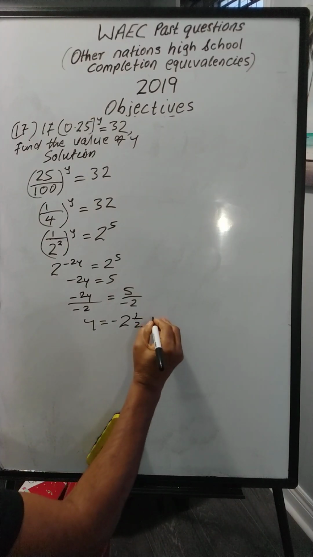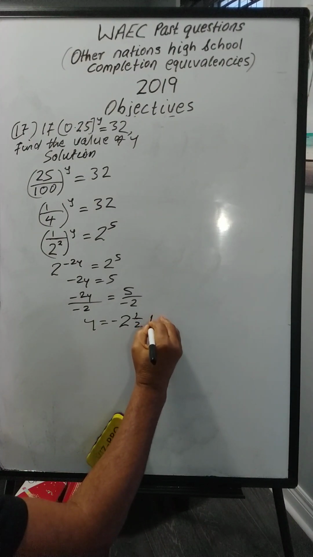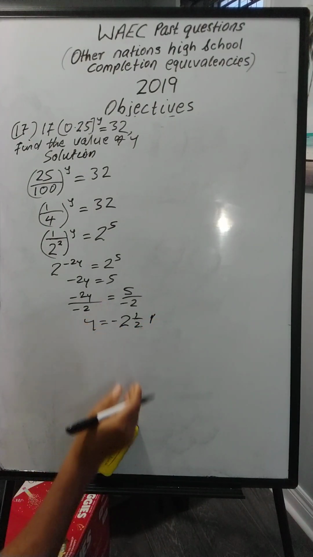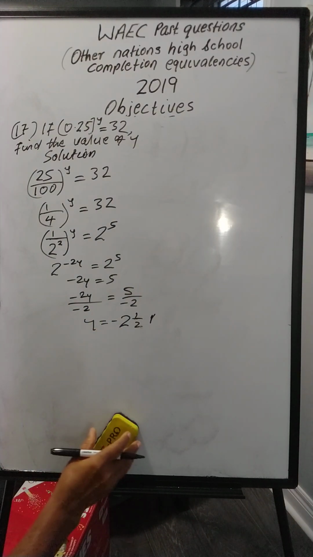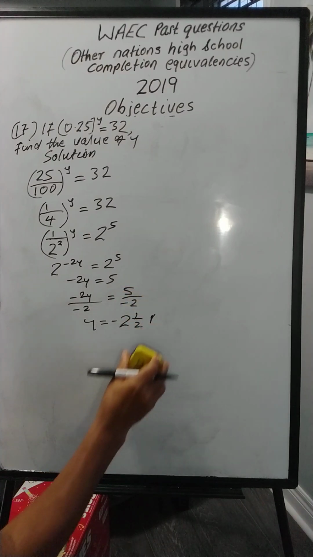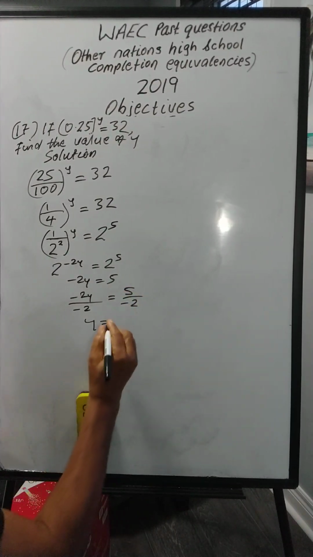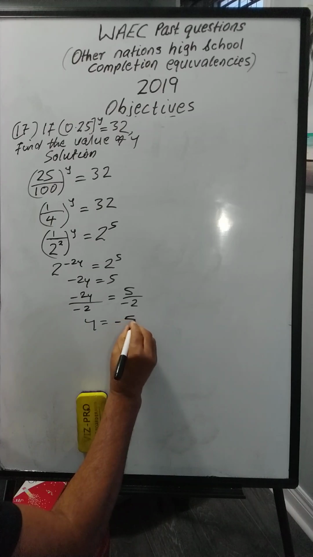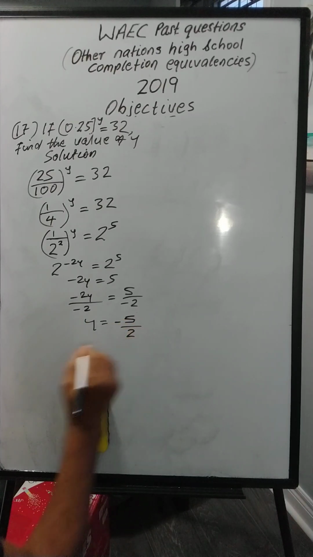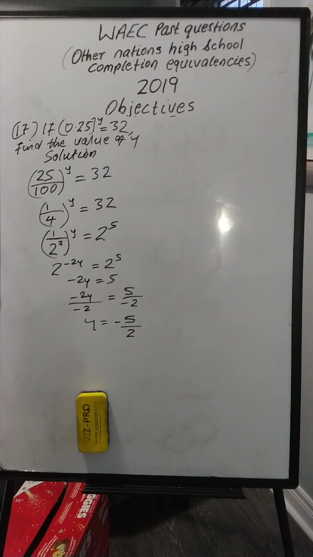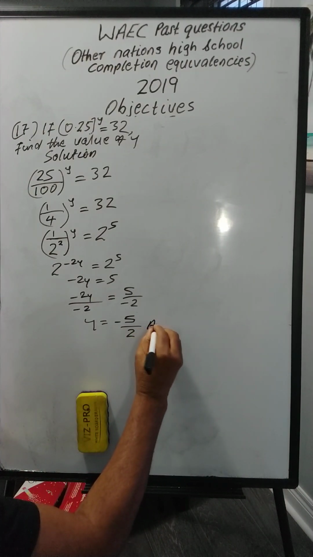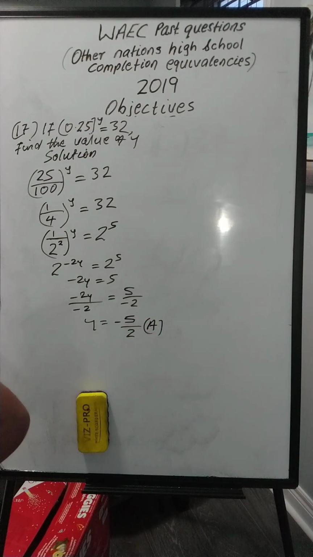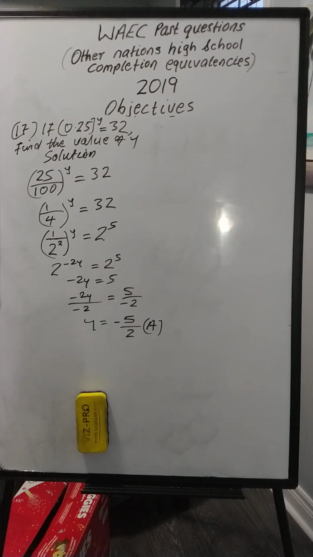Now from the options given, they didn't continue, so we can just stop here by saying minus 5 over 2, leaving it as an improper fraction. And A is the correct option for number 17.